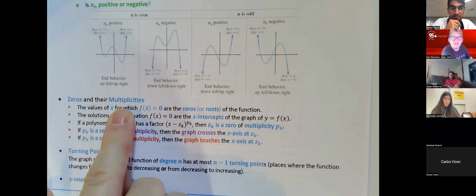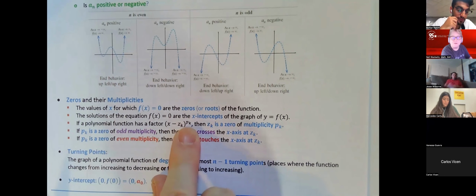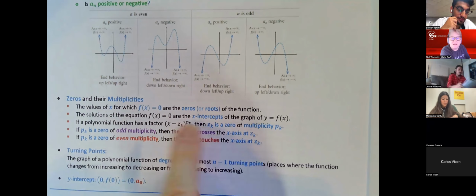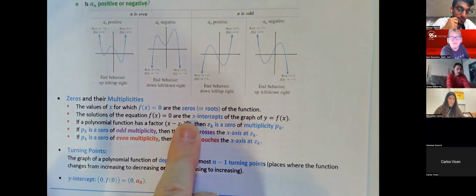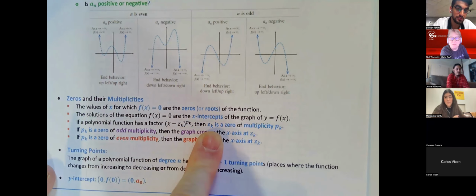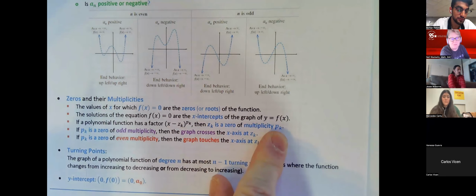The multiplicity of a zero is just the exponent on that factor. So we would say if we have (x minus z sub k) raised to the p sub k, whatever these numbers are, then we would say z sub k is a zero of multiplicity p sub k.